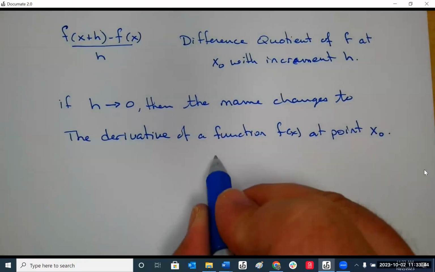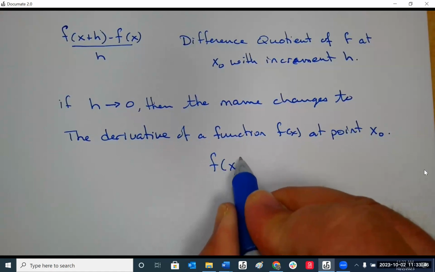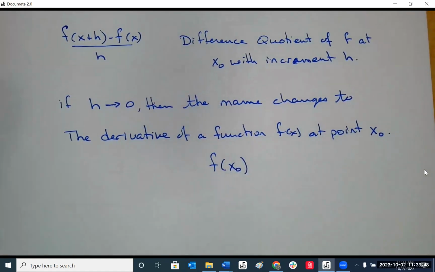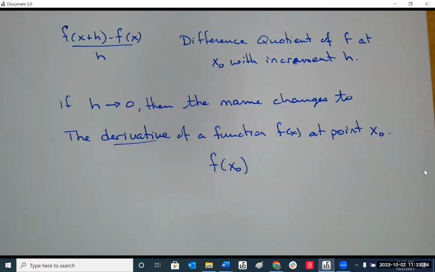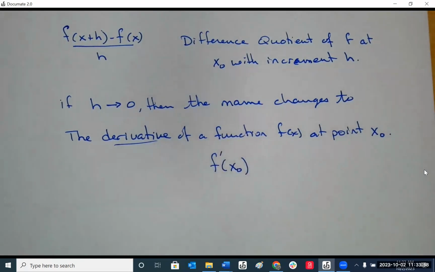And what that's denoted, it looks like this. So the derivative.